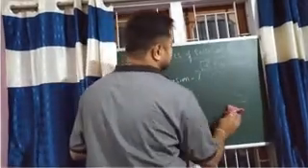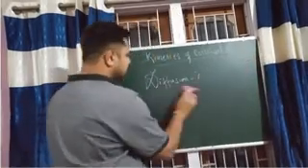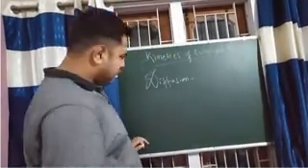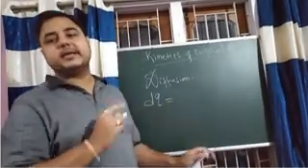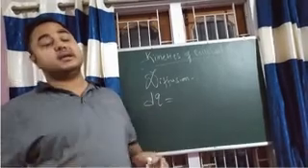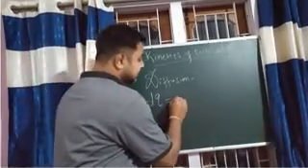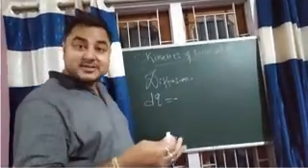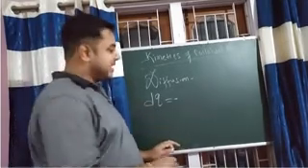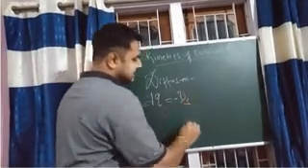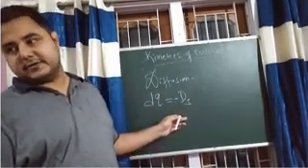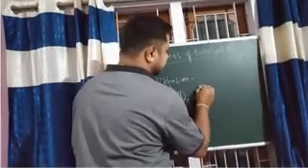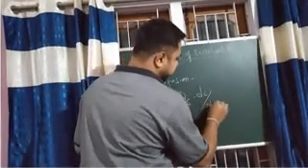Now there is an equation of diffusion. As per the equation, dq, the rate of diffusion, is equal to minus D, because the concentration is decreasing, where D is the coefficient of diffusion, dot dc by dx.